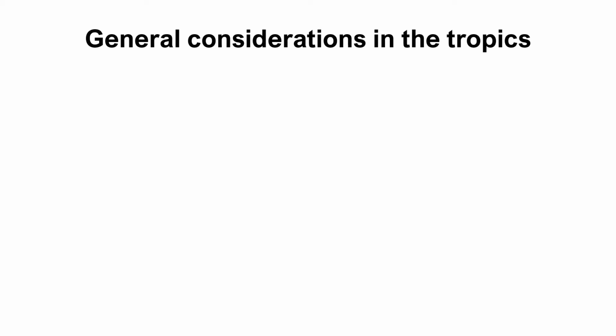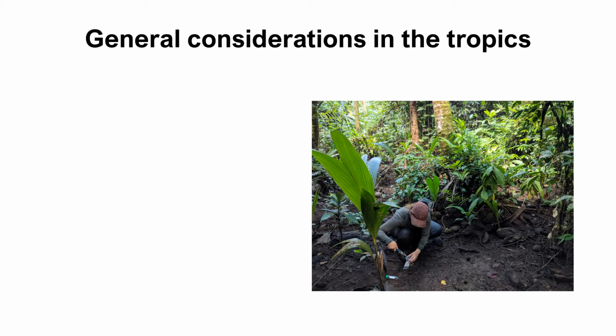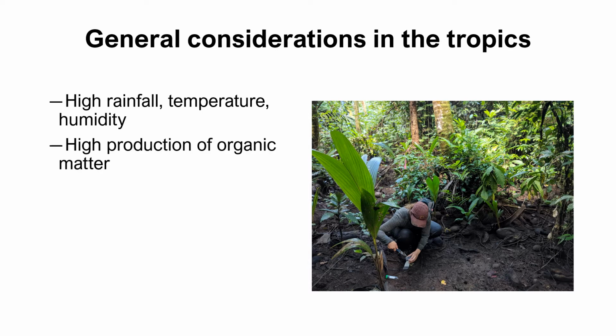Some general considerations for working in tropical environments are that these environments are characterized by high rainfall, temperature, and humidity. This type of environment means that you actually have really high production of organic matter. There's a lot to go around. At the same time, with this high production, we also have really high rates of degradation and different types of degradation pathways.